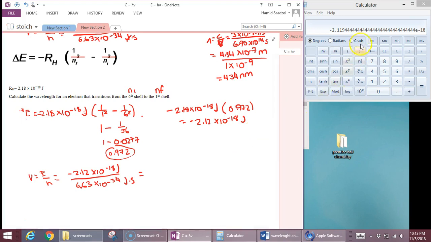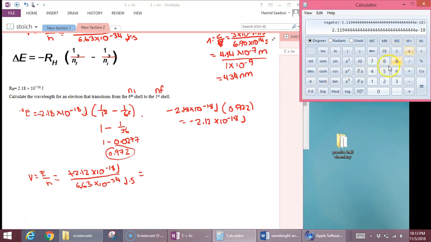Because we're going to frequency, we can't have a negative frequency and we can't have a negative wavelength. So even though this is exothermic, we're going to change the sign to positive. It's just the way you always handle it when you're going to frequency and wavelength. You can't have negative numbers for that.